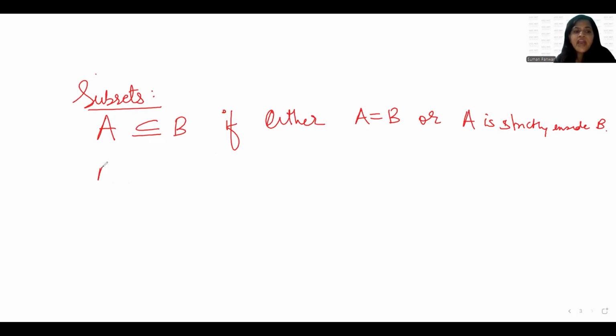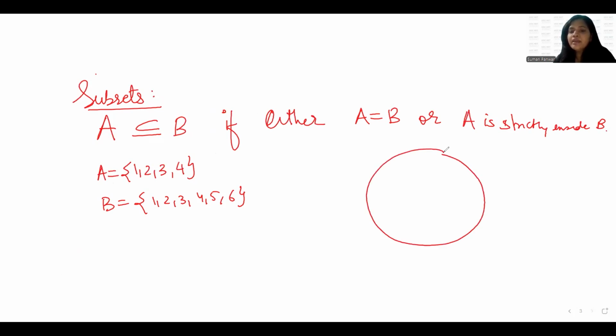Suppose we have a set A equals 1, 2, 3, 4, and we have another set B which is 1, 2, 3, 4, 5, 6. You can see that A is strictly inside B. How? Because A has 1, 2, 3, 4, and these two elements 5, 6 are strictly in B only, not in A. Understood? So this is an example of this.